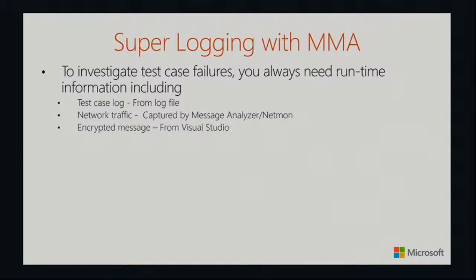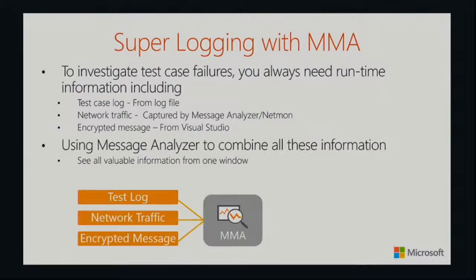With the ETW log, we can use MMA, just one tool, to view everything. We can use MMA to view the test log, the network traffic messages, and also the messages before encryption and after decryption. This can make test suite development and debugging easy.